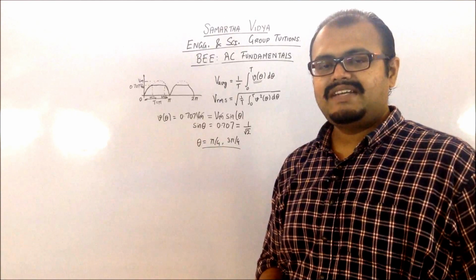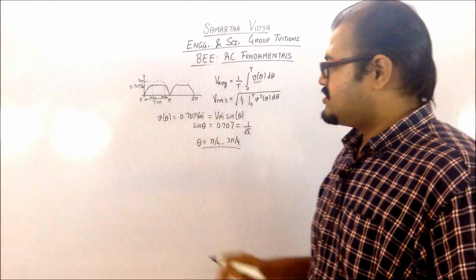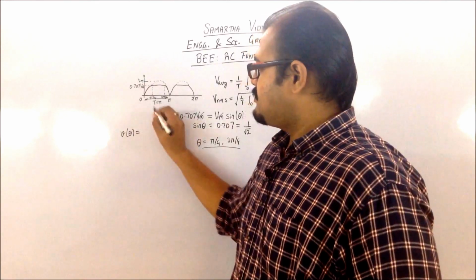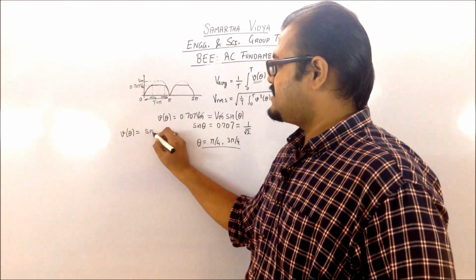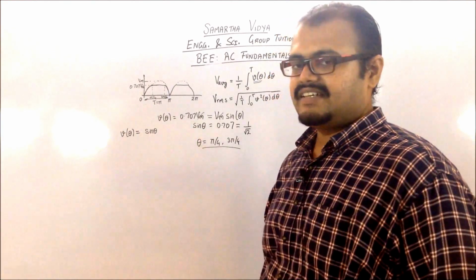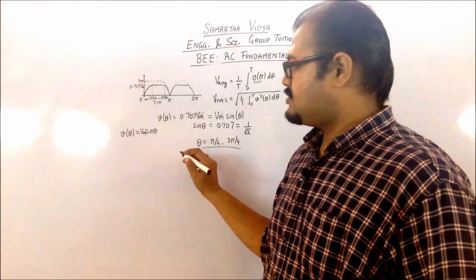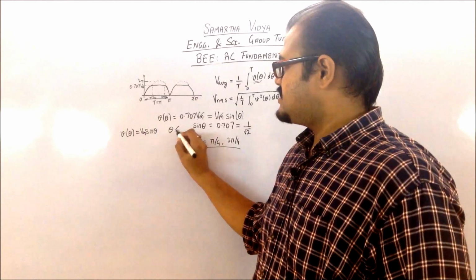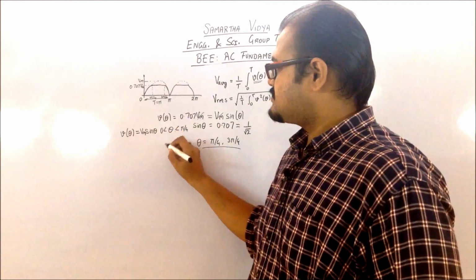So after that you need to just write the equation of this. You can see that V(theta) is defined from 0 to pi by 4 as Vm sine theta, that is, it is following the sine theta equation. For theta lying between 0 and pi by 4, it is Vm sine theta.